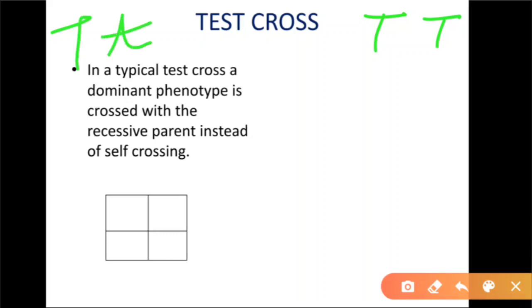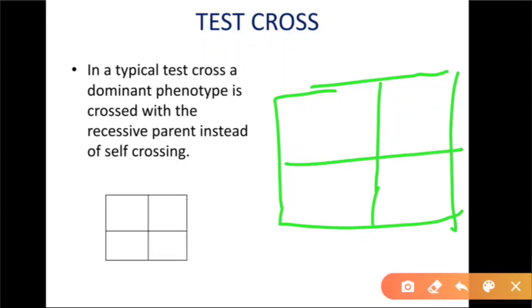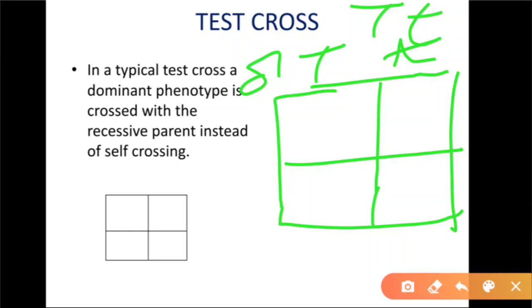First we conduct the experiment with this plant. If the genotype is like this, capital T and small t, and according to the definition, second we take the recessive parent. Recessive means both small t.